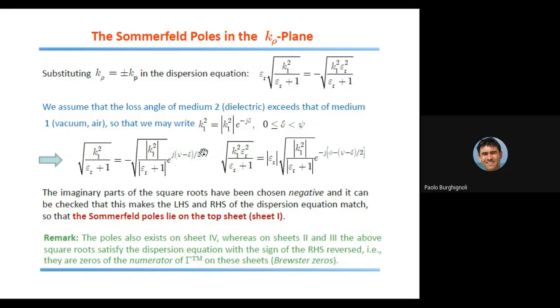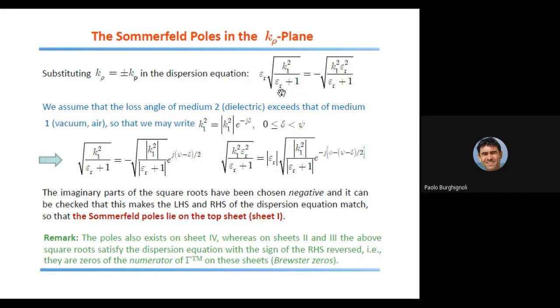So we may write the left-hand side, as you can see here, in terms of an absolute value, minus sign, and a phase. And the right-hand side can be written instead, as you can see there, again in terms of an absolute value and another phase term. Now, the imaginary parts of the square roots have been chosen negative, and you can easily check that with this choice, the left-hand side and the right-hand side of the dispersion equation before squaring match. So the dispersion equation is satisfied.